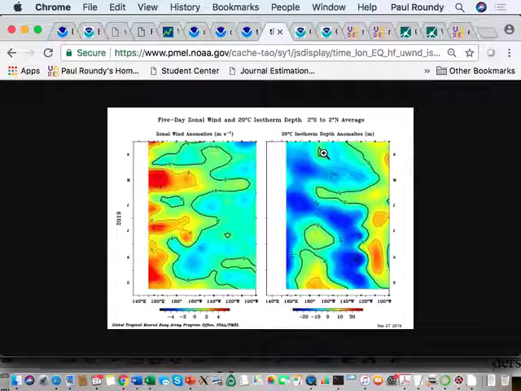But that's not the only way that the equatorial region can gain warm water volume. If there's warm water volume already existing off the equator, then substantial westerly wind events in the western basin and the central basin can migrate that warm water volume onto the equator.